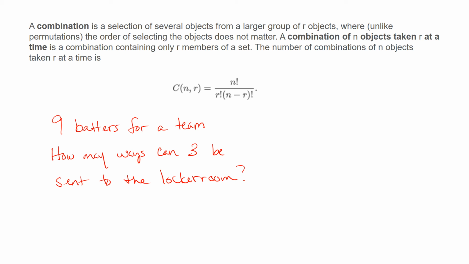So I have 9 to choose from, right? But I'm only going to pick 3. So in this case, I ask myself, well, if I chose Fred, Joe, and Dion to go to the locker room, is that a different choice than if I sent Dion, Fred, and Joe in another order? Am I still sending the same people to the same place? Yes.